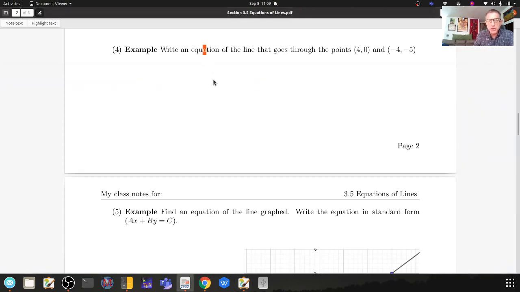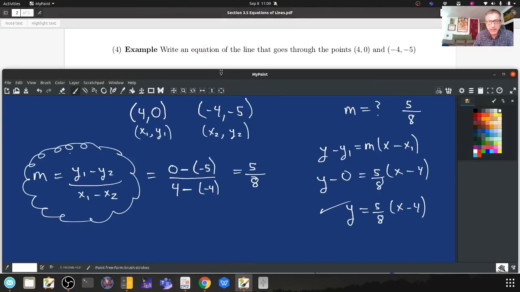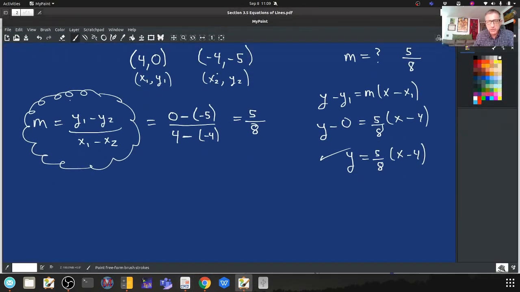So had we chosen, just so some of you aren't freaking out, oh no, I've got to choose. Let's actually choose this point instead. So I'll do a different color. So we have y minus y1 is equal to m times (x minus x1). And we're going to choose these 2 points. Well, y is -5.